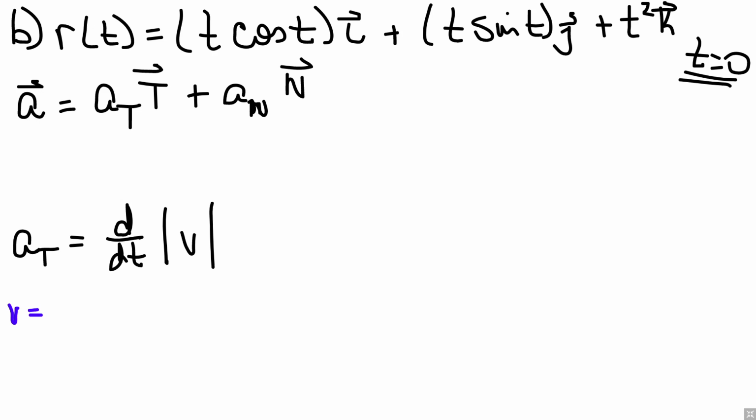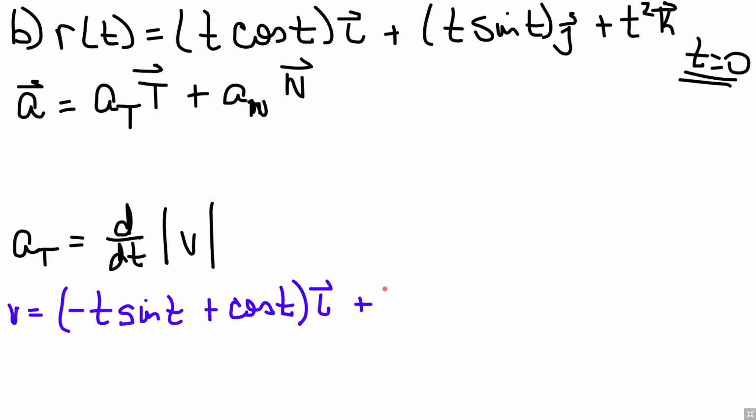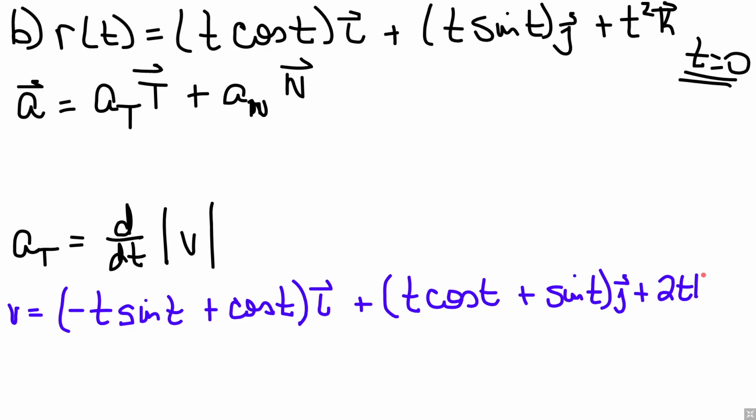If we find that, we're going to end up with negative t sine of t plus the cosine of t in the i direction, plus t cosine of t plus the sine of t in the j direction, plus 2t in the k direction. Any questions there?